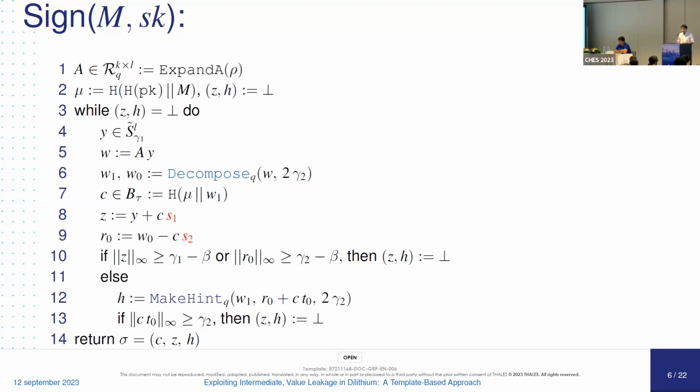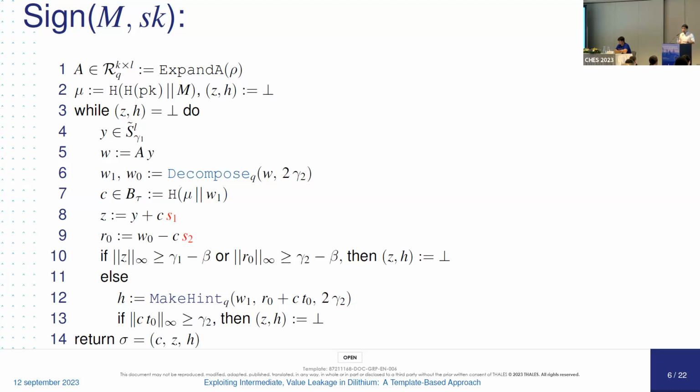So here, for those of you who are familiar with Dilithium, you can already see some differences between the specification given here and the one on the Crystals website or the NIST website. And this is mainly because here we have decided to follow as closely as possible the various implementations of Dilithium.